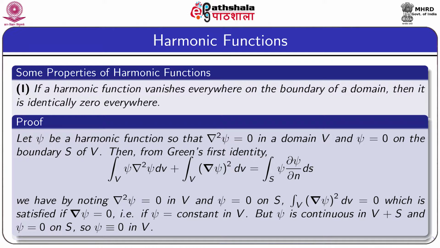Using the condition psi equals 0 on S, the right hand side integral is 0. So, the above equation reduces to the integral over V of grad psi square dV equal to 0.